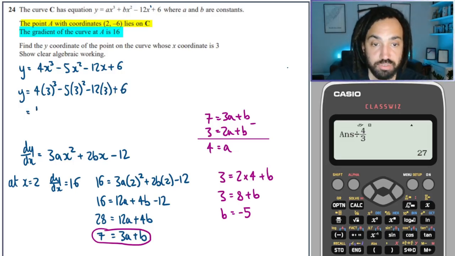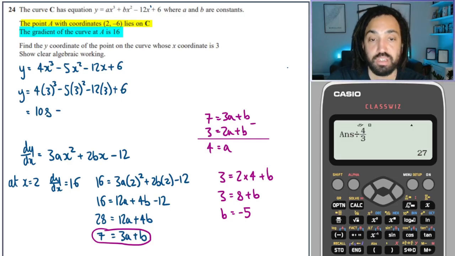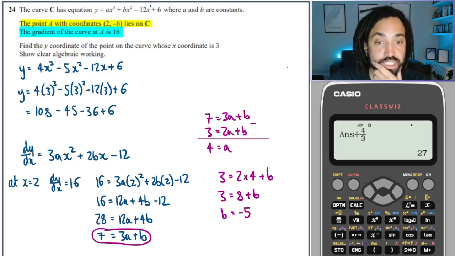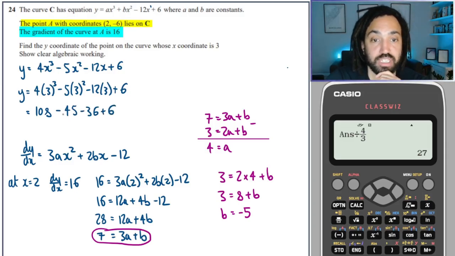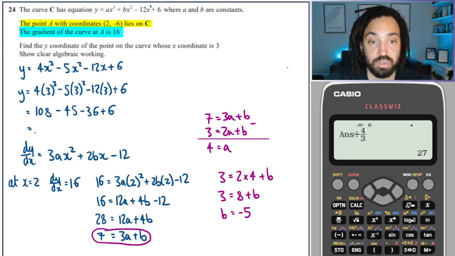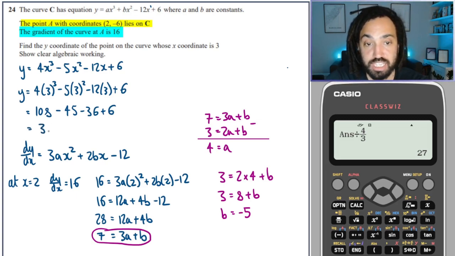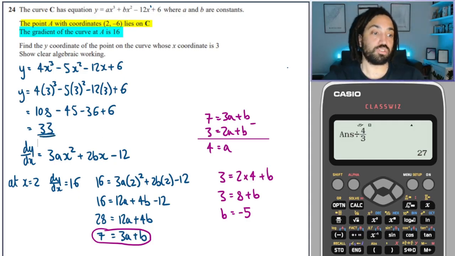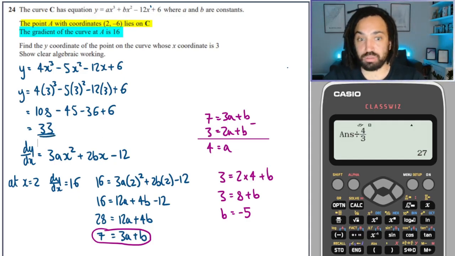So 27 times 4 is 108. 9 times 5 is 45. 12 times 3 is 36, and then plus 6. So that gives me minus 30, minus 75. Take 75 away from that, gives me 33. Beautiful. Job done.